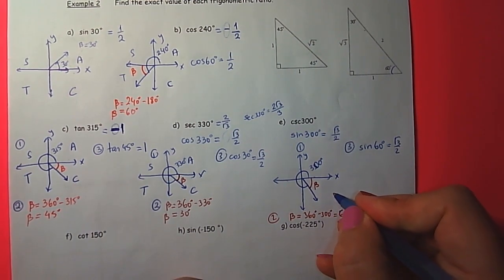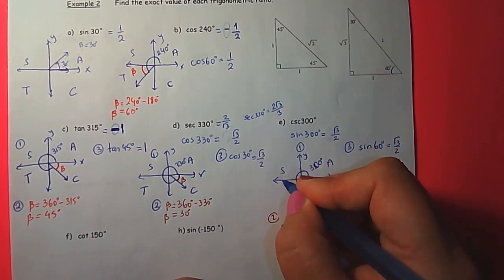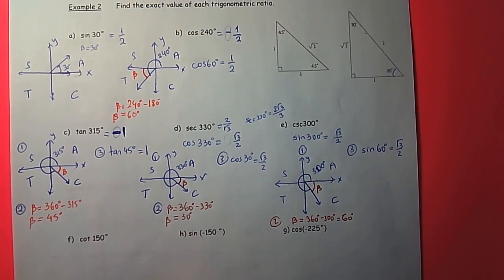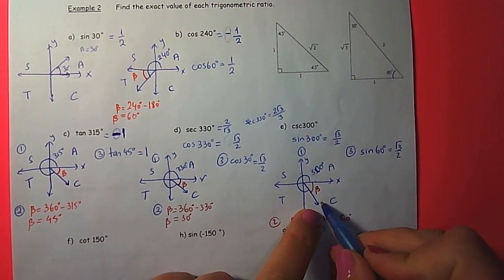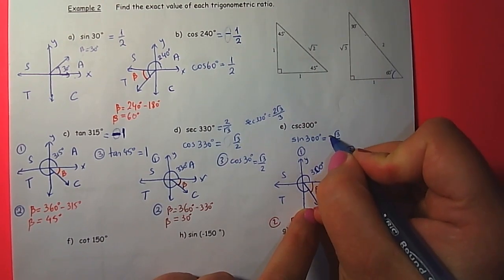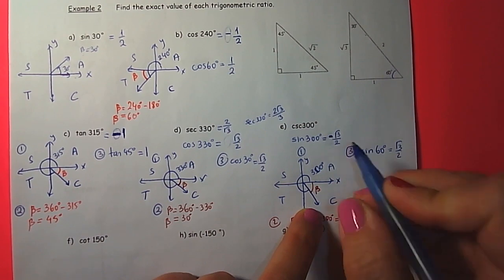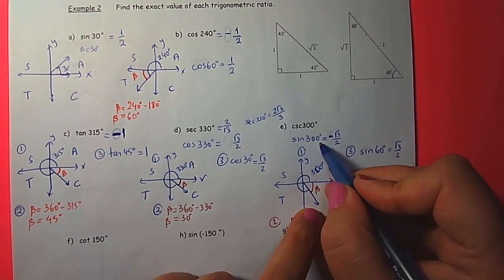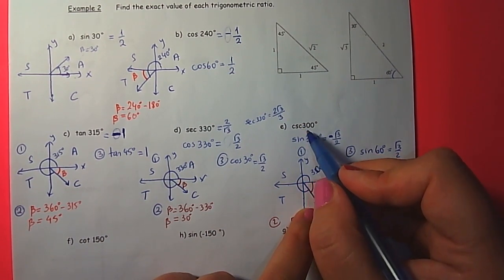So now we are going to use CAST, and that is your step 4. Okay, so we are in quadrant 4. In quadrant 4, only cosine is positive, so tangent and sine are negative. So we have sine, so that must be negative. After you get sine 300, now you can get cosecant 300.